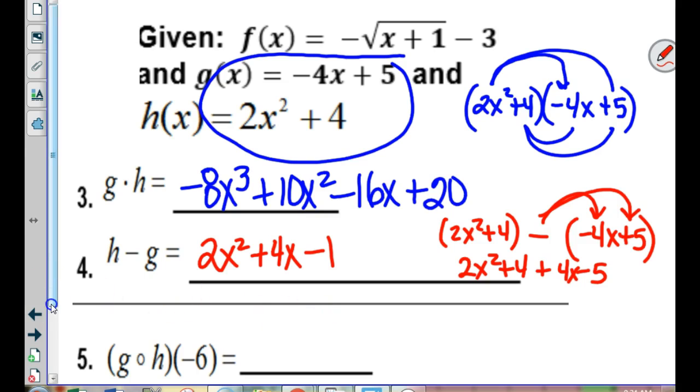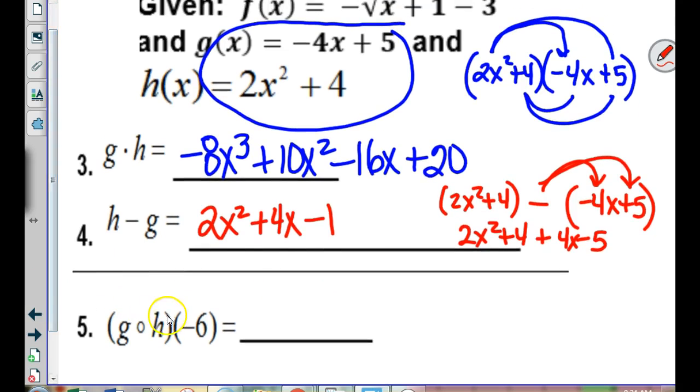All right, number 5. Remember, there's 2 ways to do this. We can put all of function h into function g and then put the -6 in, or does anybody remember the easier way? Yeah, just put the -6 into what first? H, and then whatever that answer is into g.